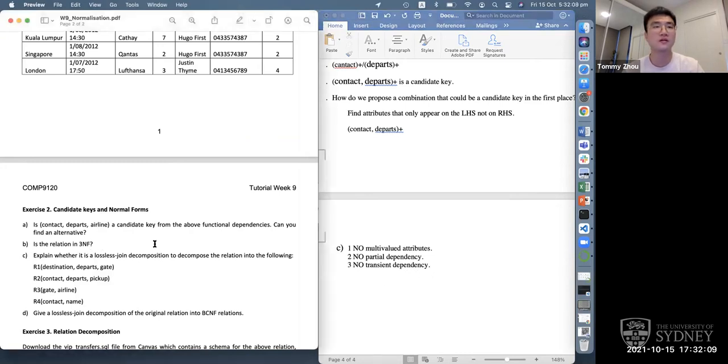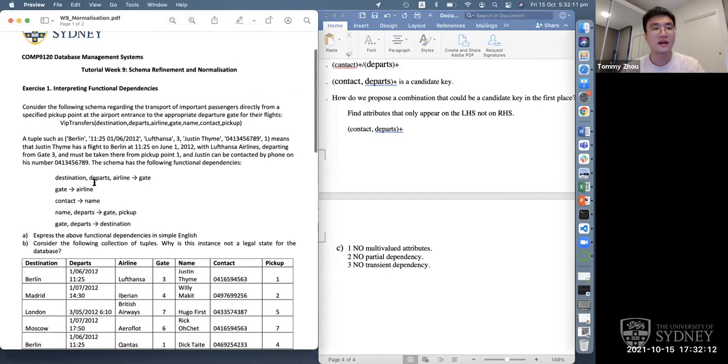All right. So just by looking at these, are there any violations against the three conditions here? Obviously, yes. First normal form: what do you mean by first normal form?